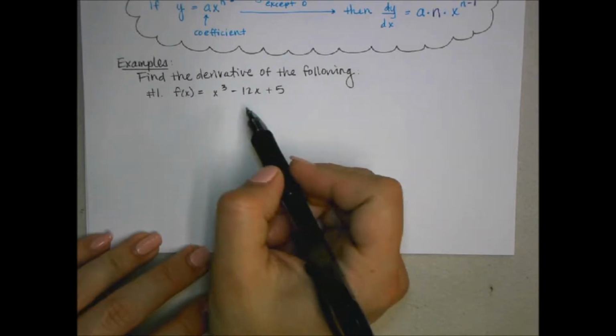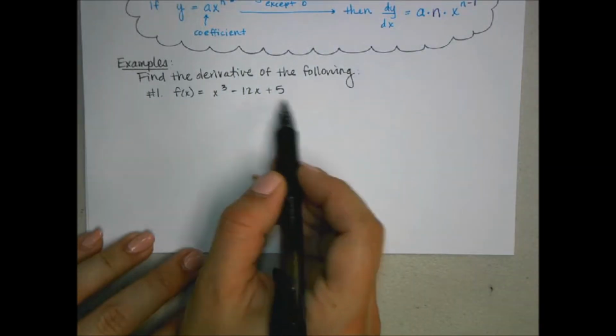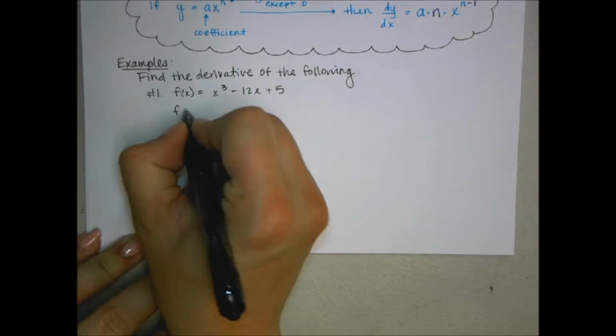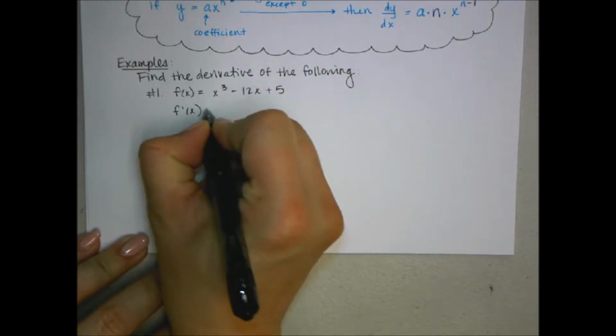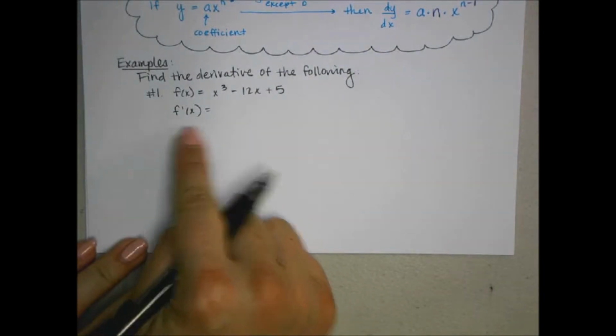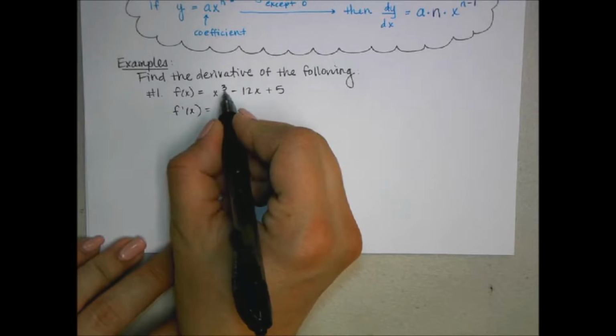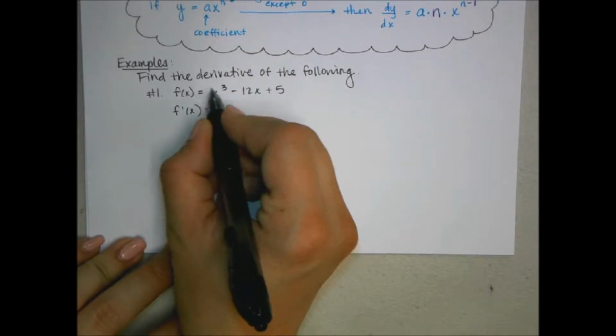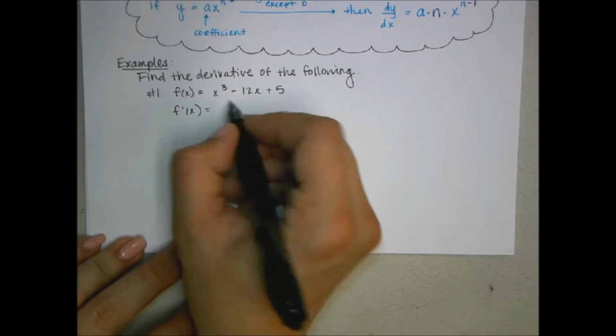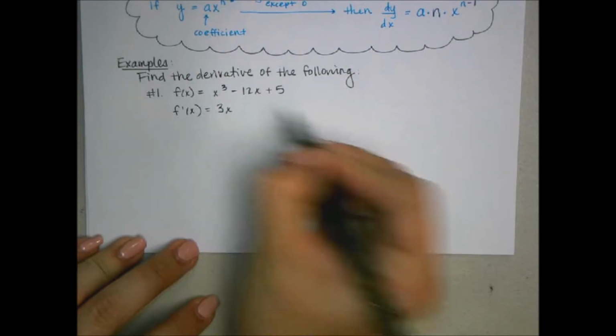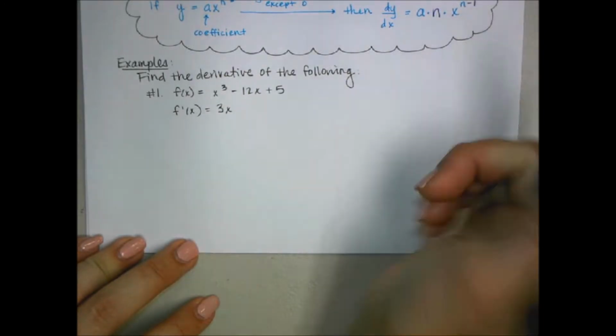And we're just going to apply the power rule here to each term, starting with f prime of x, to say this is the derivative of f.